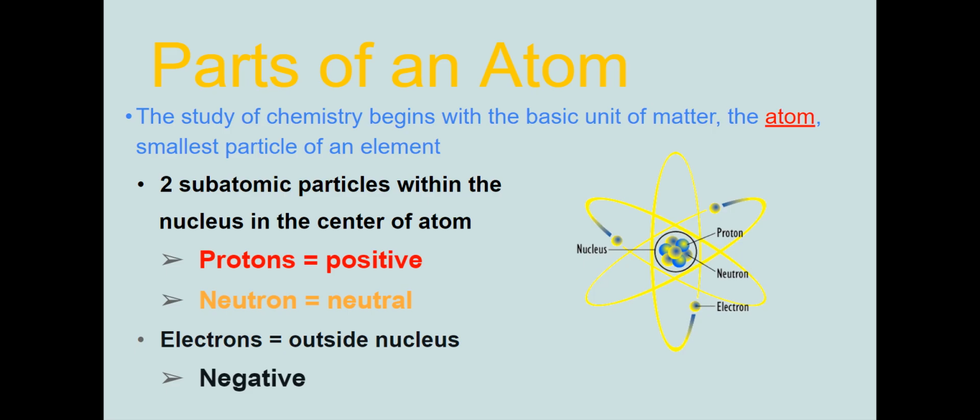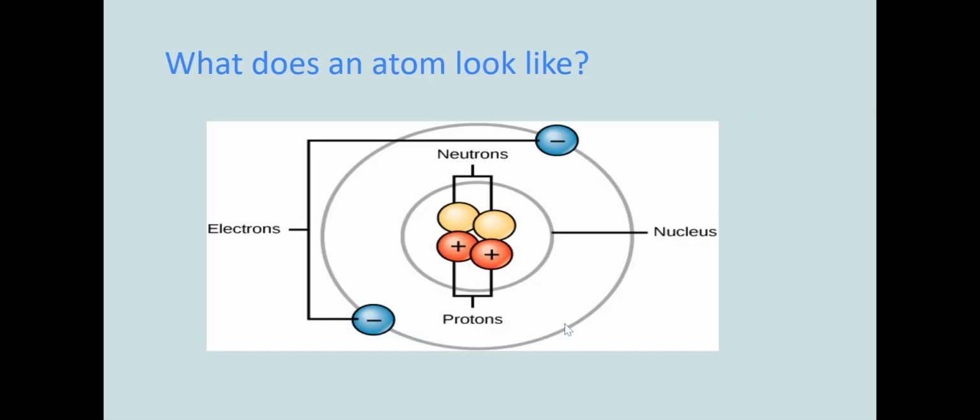And they can kind of go anywhere within this cloud that surrounds the nucleus, but the electrons are the ones that are negative. And for the most part, for a neutral overall atom, the number of electrons will be equal to the number of protons, because you want the atom to be without an overall charge.